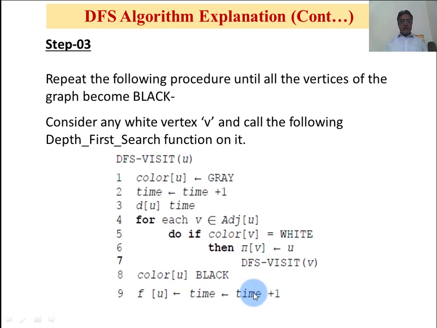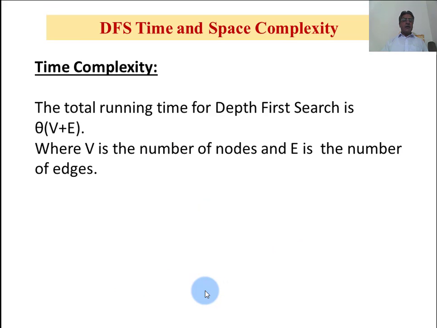Then f of U, the final time, is set: time is incremented by 1 and assigned to the final time of the vertex U. The value of the final time of that U becomes the ending time.